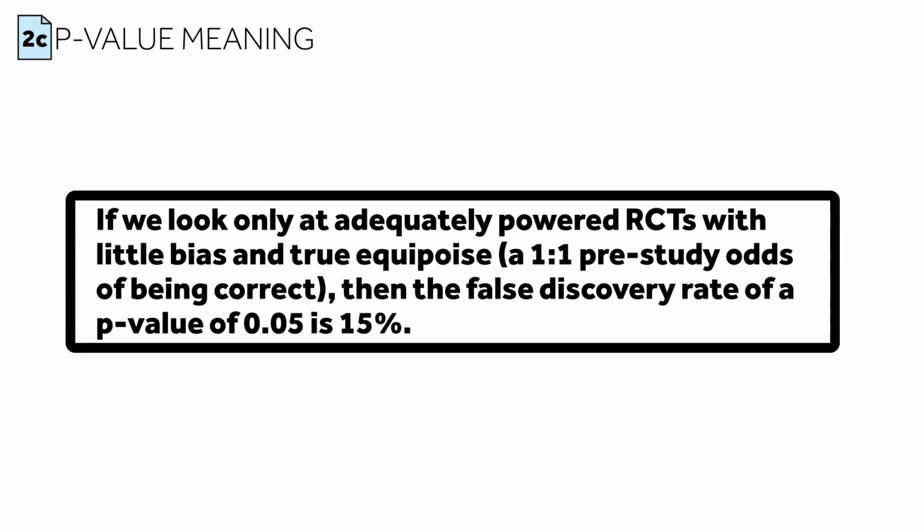Lest you think I'm making these numbers up, John Ioannidis, a tireless crusader against flawed interpretation of research, reviewed the literature and published a seminal paper in 2005 entitled Why Most Published Research Findings Are False. That's where I'm getting all these numbers. If we look only at adequately powered randomized controlled trials with little bias and true equipoise, 1-to-1 pre-study odds of being correct, then the false discovery rate with a p-value of 0.05 is 15%.